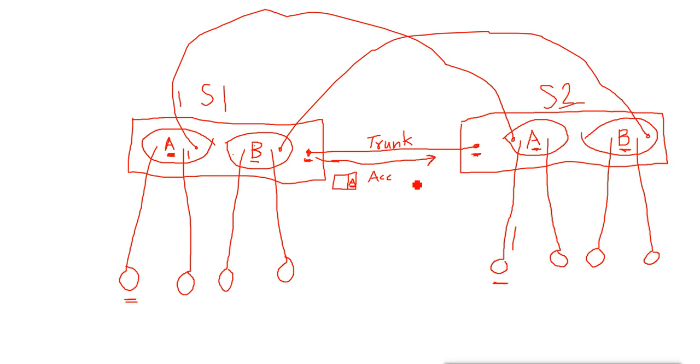When data comes and goes over this link, it has information about which VLAN the data belongs to. So instead of connecting these VLANs directly, we can connect the port directly and convert the port into a trunk port.